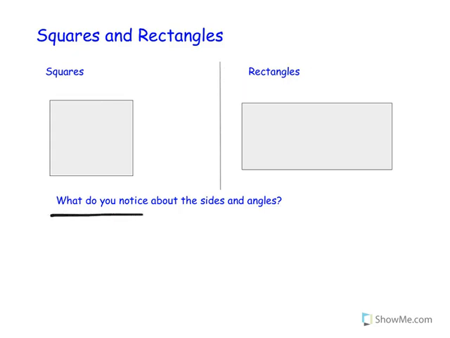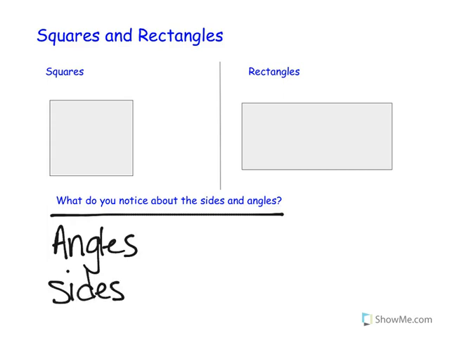So what do you notice about the sides and angles of each one? What do you notice? Winston? That they both have four angles and four sides. Okay, so angles, sides. So both of them have four of each, right? What else do you notice, Kenzie?